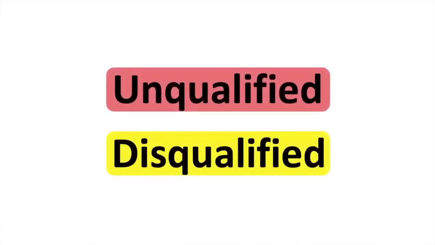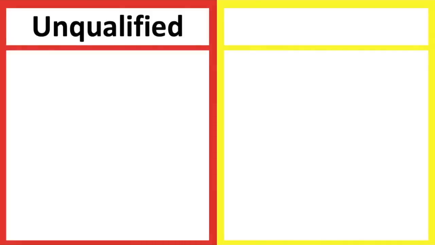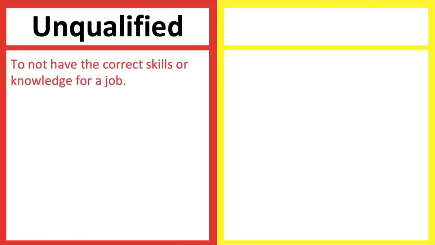Unqualified, disqualified. Unqualified. Notice that the word unqualified begins with the prefix un, which means not. Therefore, if the adjective qualified means to have the correct skills and knowledge for a job, then unqualified means to not have the correct skills or knowledge for a job.